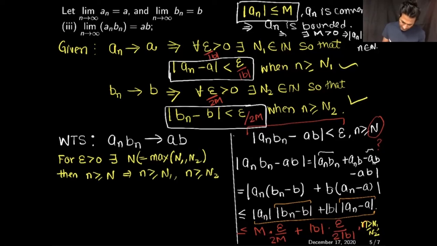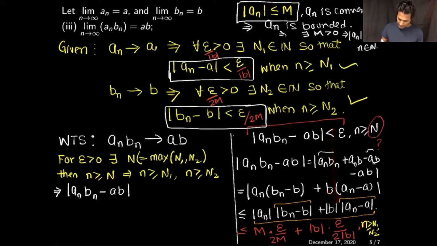And therefore, if this is true, then for the term an bn minus ab, I'm going to write down this calculation again.